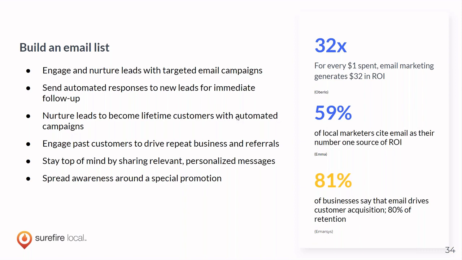We'll talk more about automation pretty soon, but how tied in are all of your systems? We talked about communication on each stage of the customer journey. Setting up an automated email system is a fantastic way to address those needs. Nurture leads to become lifetime customers with automated campaigns. You can set a lot of this stuff to set it and forget it, if you'll let me use that saying.